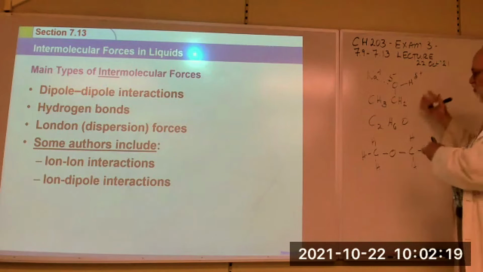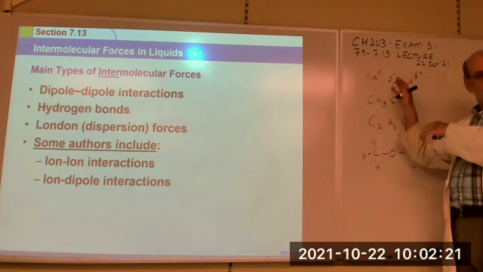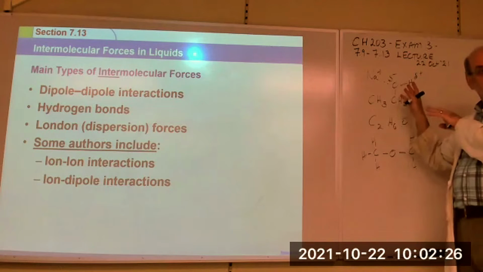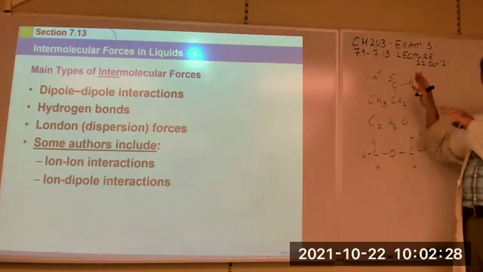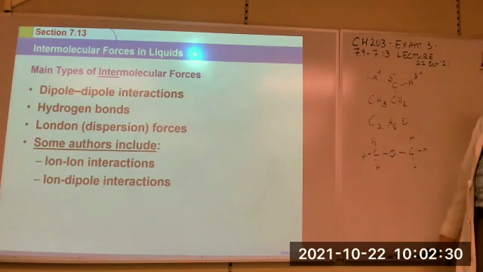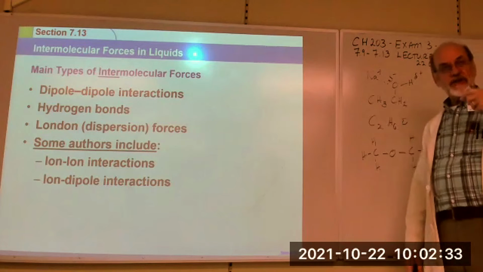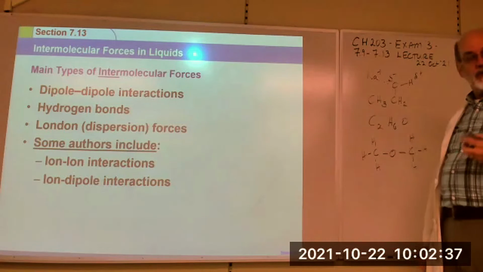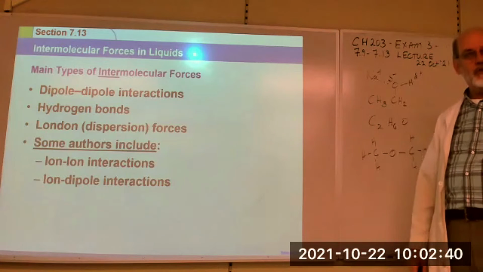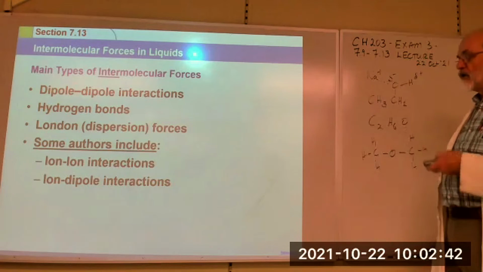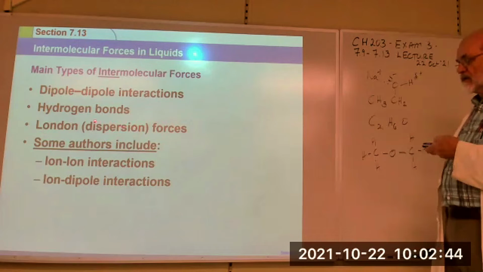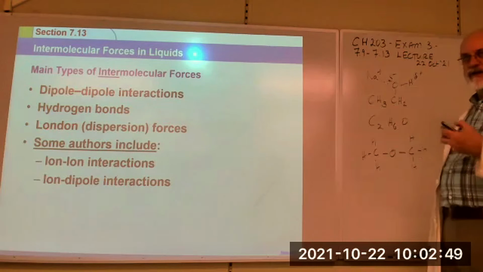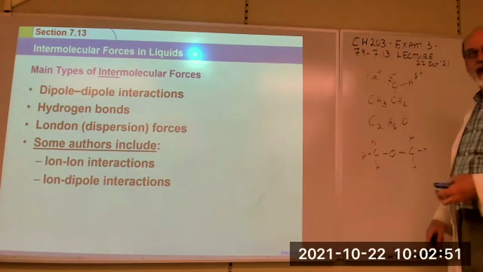But if you don't have these stronger interactions, where we can identify a slight positive and slight negative that can interact with one another electrostatically, we still have the physical evidence for intermolecular forces that are much, much weaker than this. And those are the London dispersion forces. That's not London, England. That's London the person, named after a person.